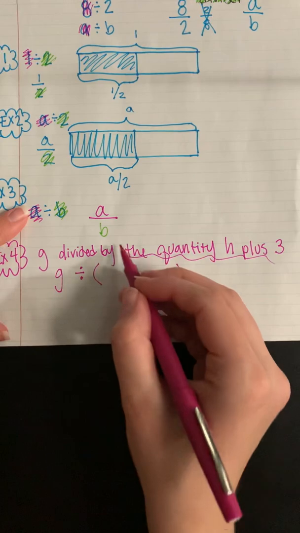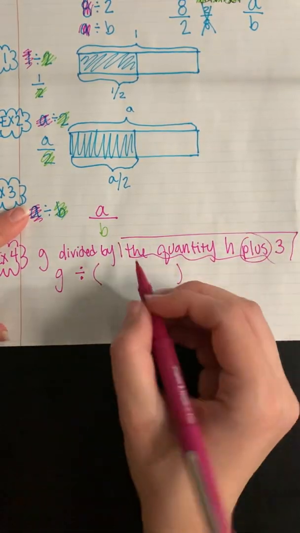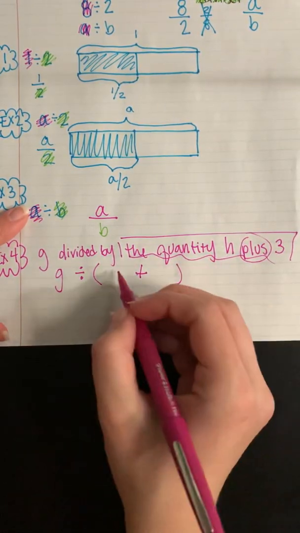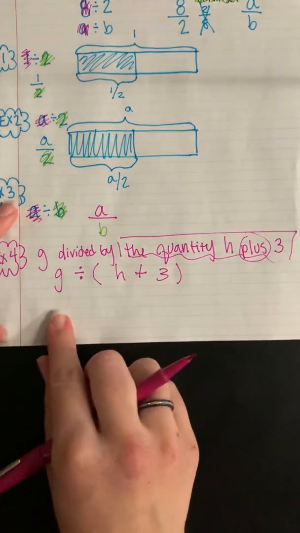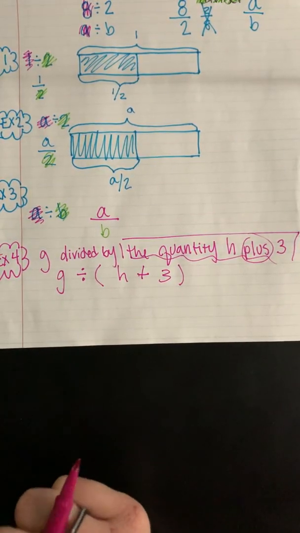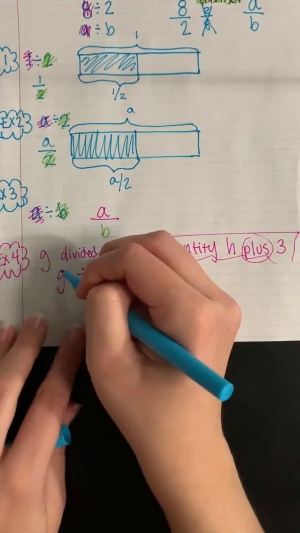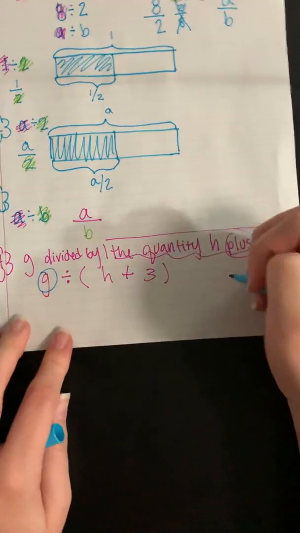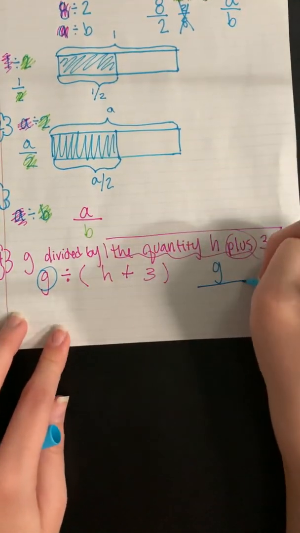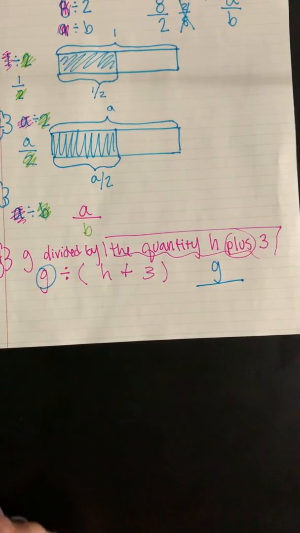Oh, okay, so now that I broke that down, this is actually easier because it's plus, and then I have h and 3. If I wanted to write that without the division symbol, we would have our divisor here.